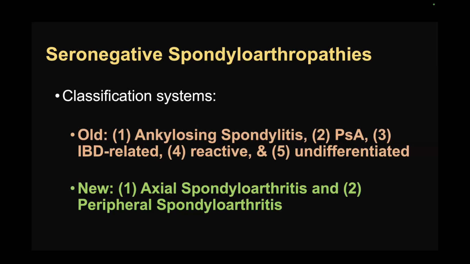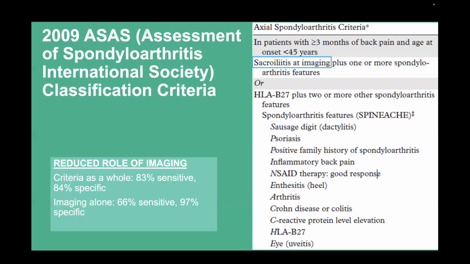So there's a general push towards defining it based upon whether it is just involving the spine or the peripheries. And that led to the ASAS Society developing an updated criteria for imaging for diagnosis of spondyloarthropathy in 2009, and that had a reduced role of imaging diagnosis.